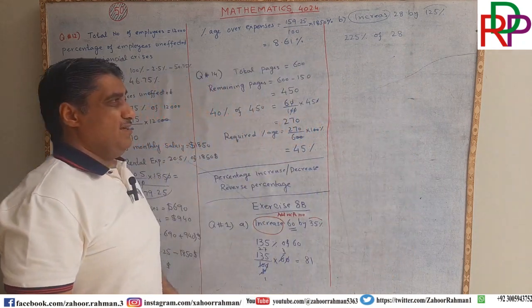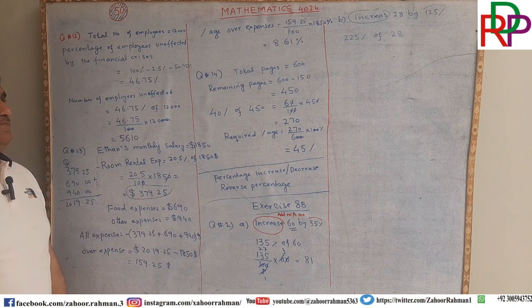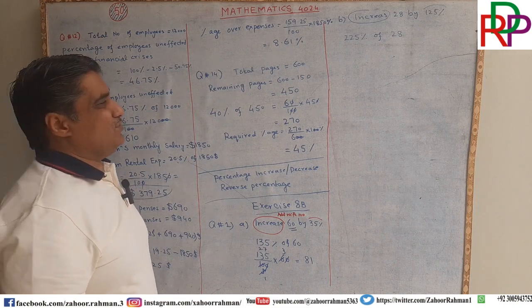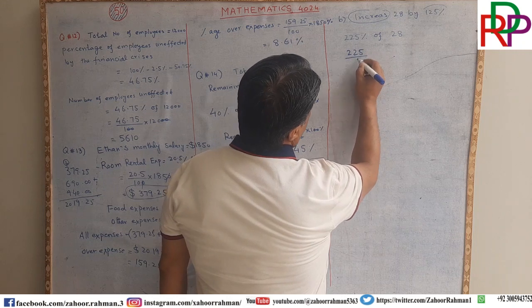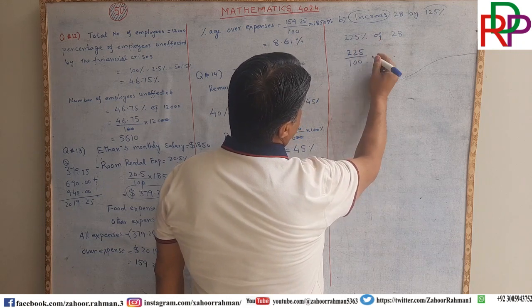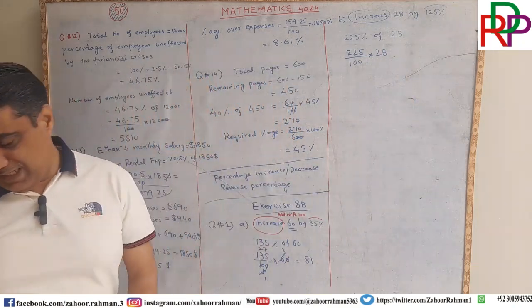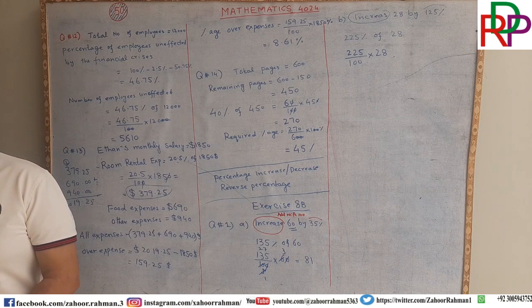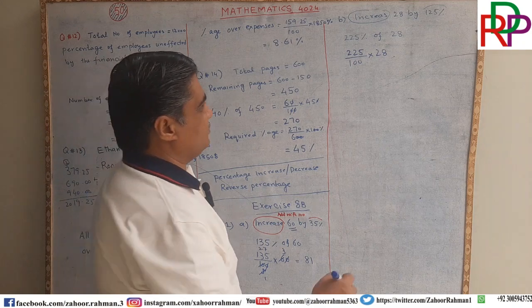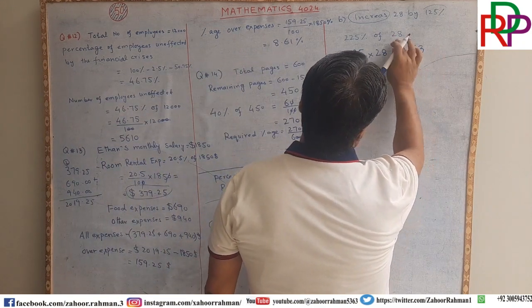It is increased by more than double. 225 divided by 100 times 28. And when we calculate it, we will get 63. So the answer is 63.